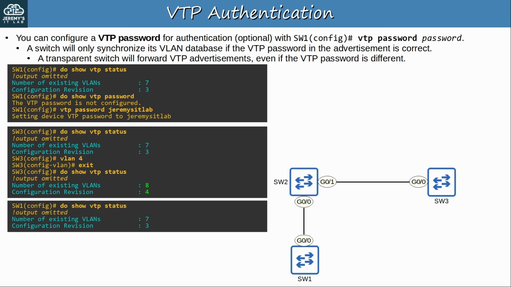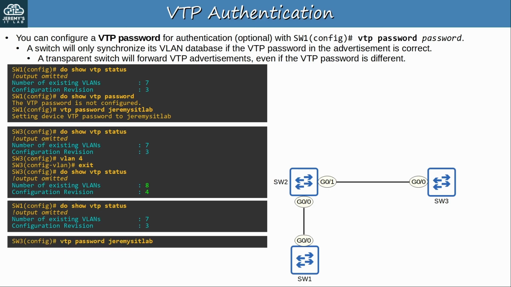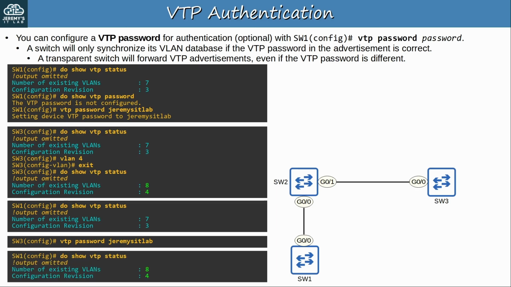However, on switch 1, the revision number is still 3. Switch 2 did forward switch 3's advertisement to switch 1, but because the advertisement didn't specify a password, switch 1 ignored it. So I then configured the same password on switch 3, and after it sent an advertisement, switch 1 updated its VLAN database to match switch 3. The revision number is now 4 on both switches.